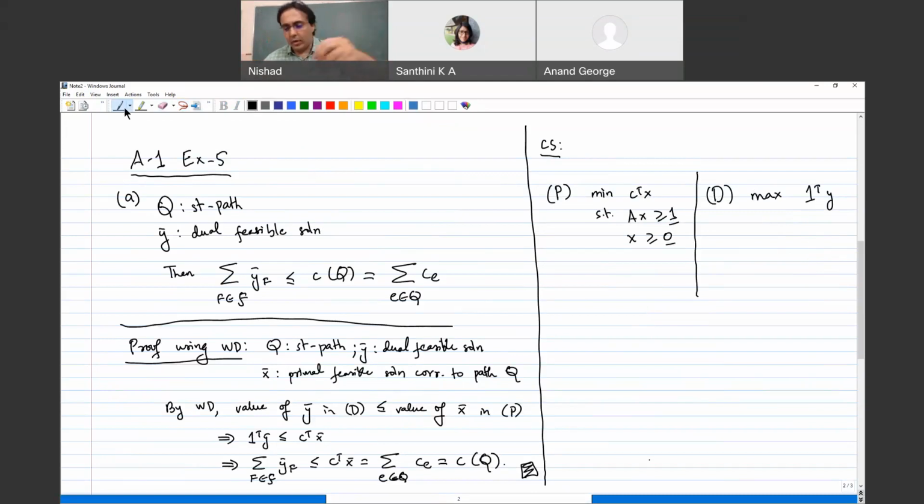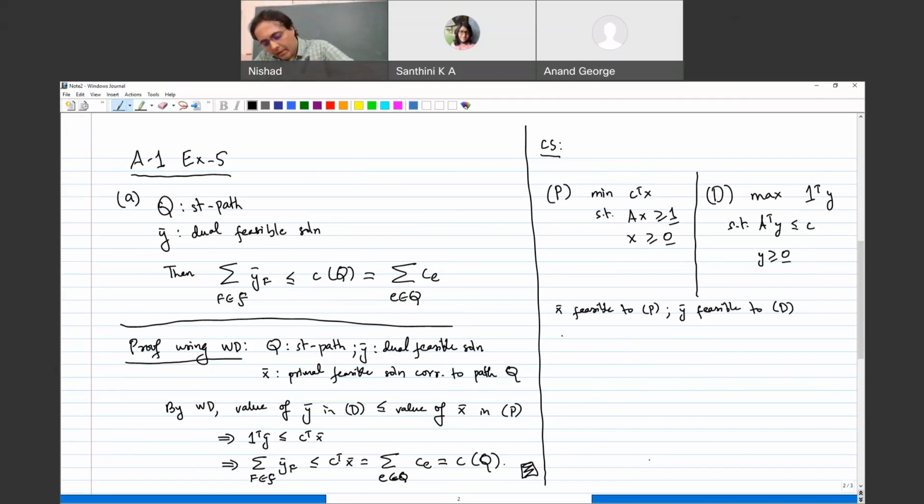Okay, so we are maximizing 1 transpose y subject to A transpose y at most C and y being non-negative. All right, so let's write down the complementary slackness theorem for this particular pair of primal dual LPs. Let's say X bar is a feasible solution to the primal and Y bar is feasible to the dual.